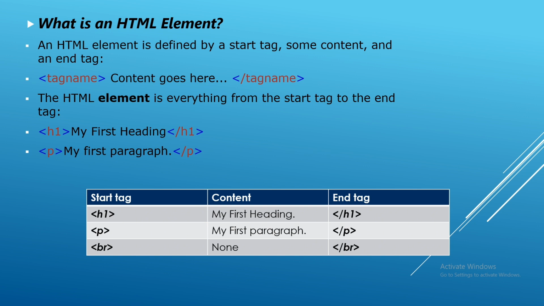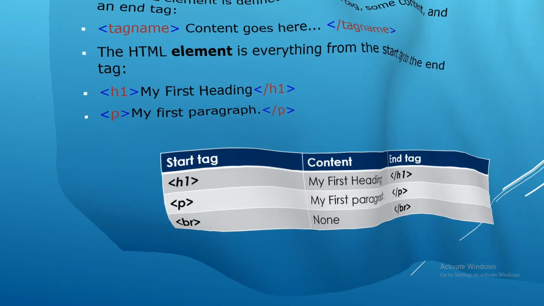It breaks a line and makes a new line. So it makes a space and creates a new line. That's what BR means. Some tags don't have an end tag and content. We will study all about that in part 2. Let's go to the next slide.